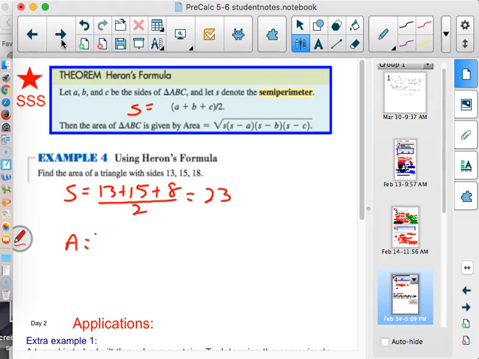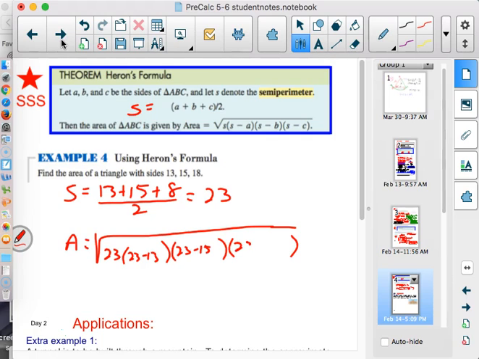So area equals square root of. We start with s, and then we compare the 3 side lengths that we have to that 23, and to compare, what we do is we find the difference. So we have 23 minus 13, 23 minus 15, and 23 minus 18.